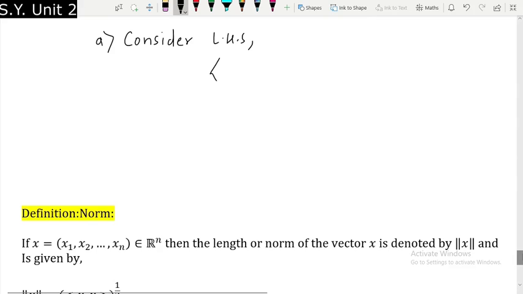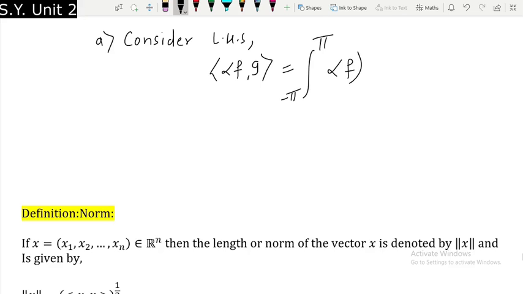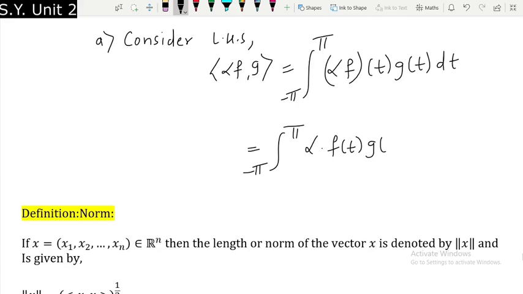The LHS is the inner product of alpha f with g, which will be equal to the integration from minus pi to pi of alpha f of t g of t dt, which will be further equal to the integration from minus pi to pi of alpha multiplied by f of t g of t dt.